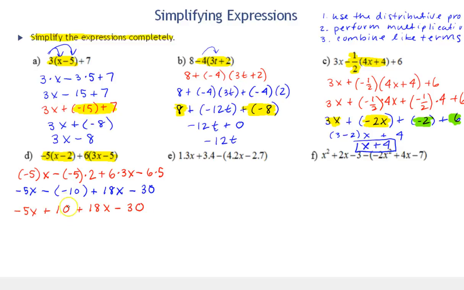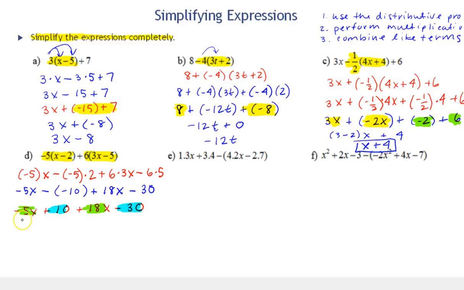And in general, you'll want to change any of your subtracting a negatives to positive because it will just complicate your future computations, and at this point it's easier just to rewrite it. Okay, now let's look at our like terms. We have -5x and positive 18x, and we have positive 10 and minus 30 or plus -30.